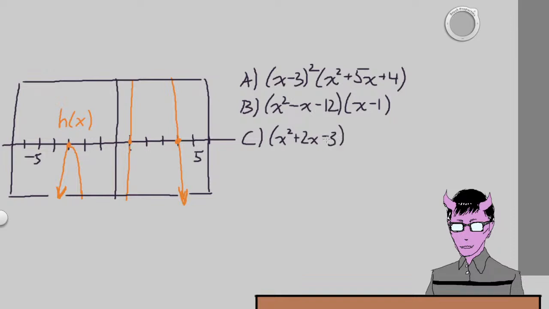Multiplied to x squared minus x minus 12. And then option D. X plus 3 cubed. Times, oh, two more things, interesting. So times x minus 1 squared. And x minus 4.